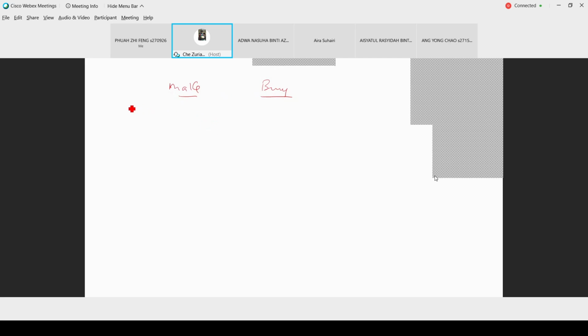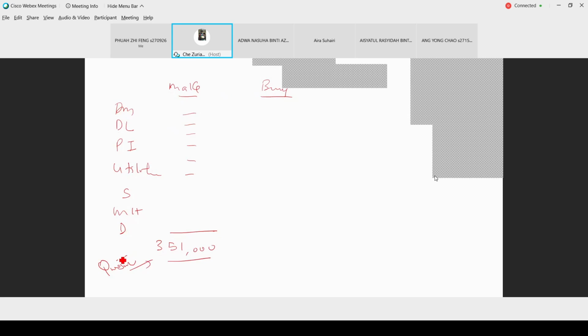If you make, you have to get all the cost from the question: direct material, direct labor, product inspection, utilities, supervision, material handling, depreciation. So you masukkan semua cost ini, total dia adalah 351,000. This one get from the question. In the question dia dah bagi siap-siap the cost of producing.